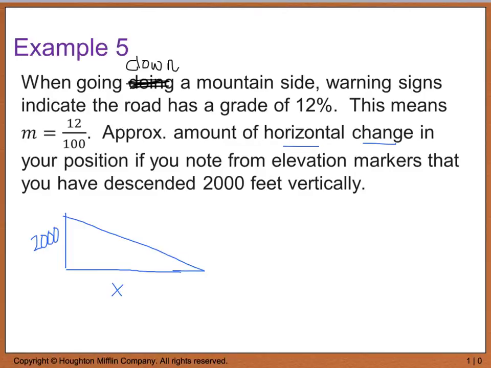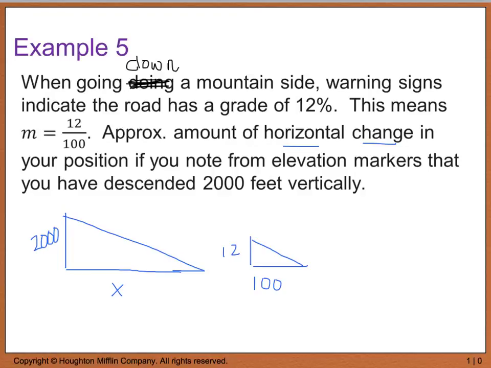Now, we can't do the Pythagorean theorem because we don't have another side length or an angle or anything like that. But what we can use is our slope, or 12% grade. If we take our slope and set that up as a rise over run situation, we know that we have 12 vertical feet for every 100 horizontal feet change.